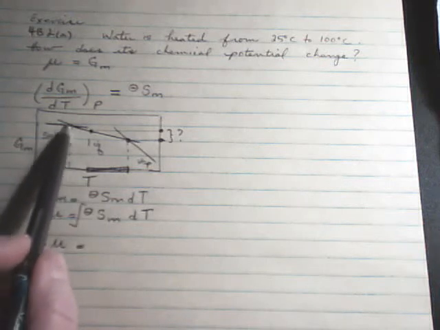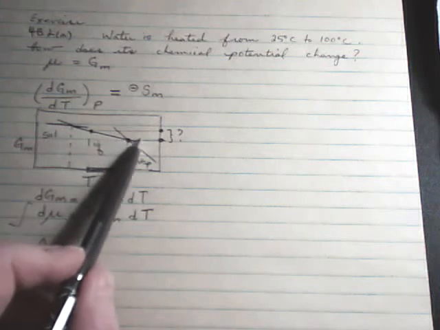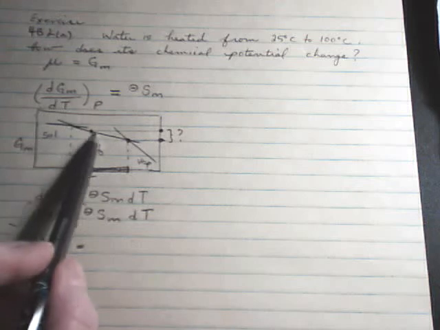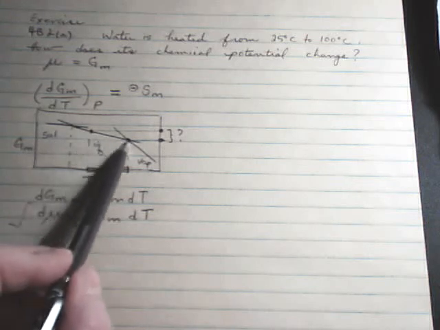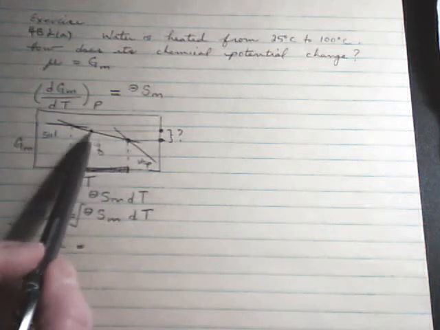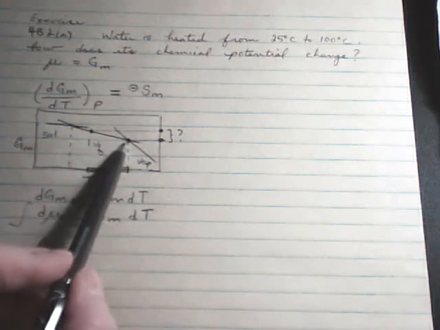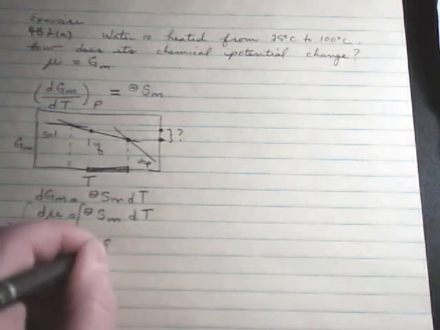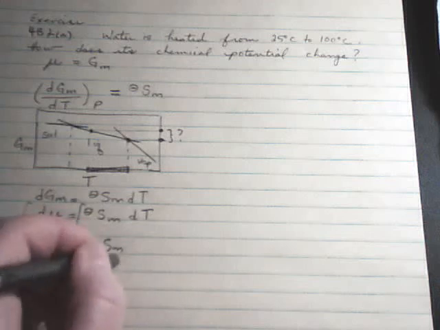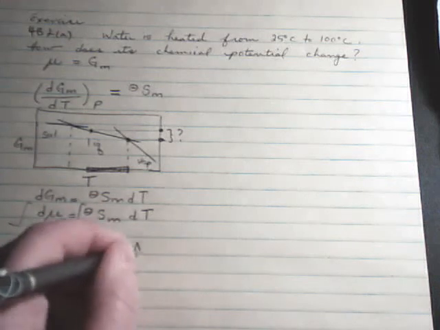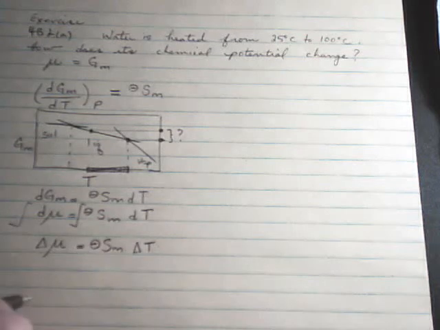And so really, I have a constant slope, which means that the molar entropy of the liquid is a constant value over the liquid range, because there's a single value for the slope. So that can actually come outside of the integral, and then I'm left with the integral of dT, which is simply delta T.